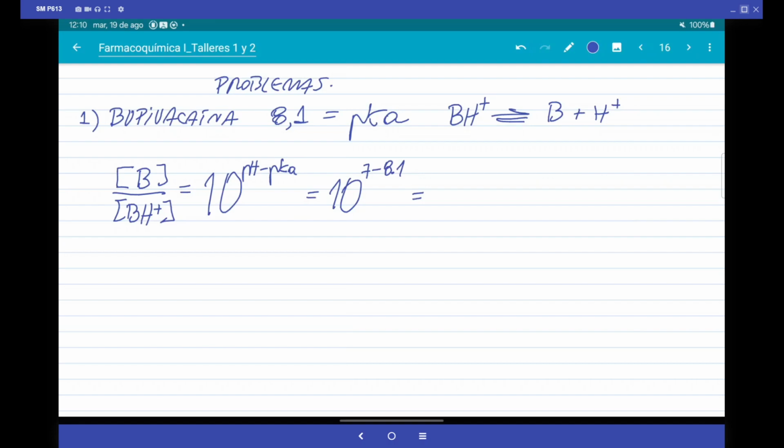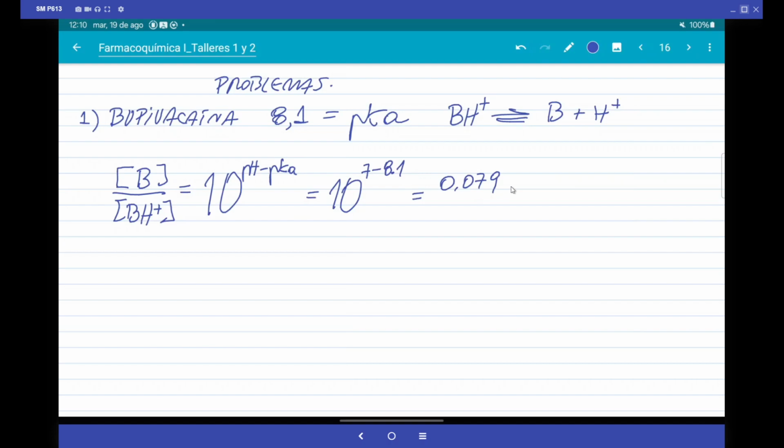Then 0.079 is the proportion. But there is the point: we have not yet calculated the degree of ionization.